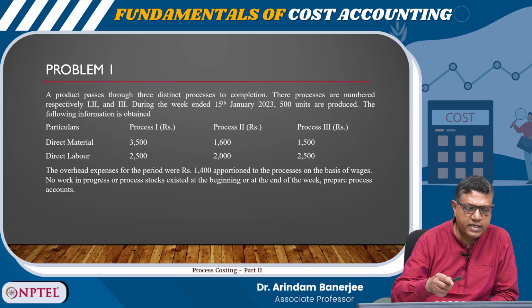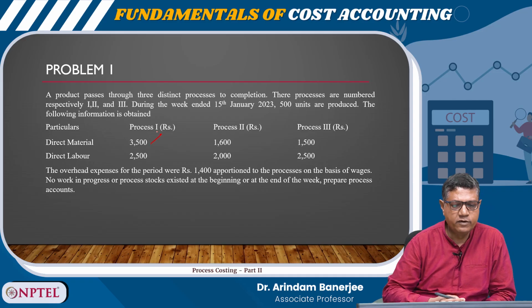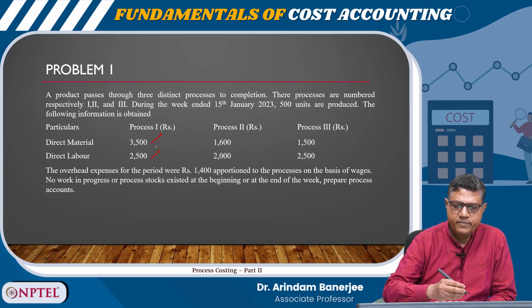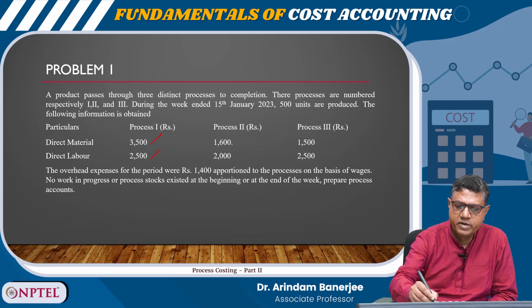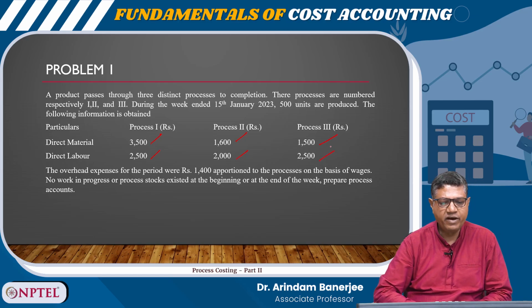First, the direct material in process 1 is 3500 and direct labor is 2500. In process 2, the direct material is 1600 and direct labor is 2000. In process 3, the direct material is 1500 and direct labor is 2500.